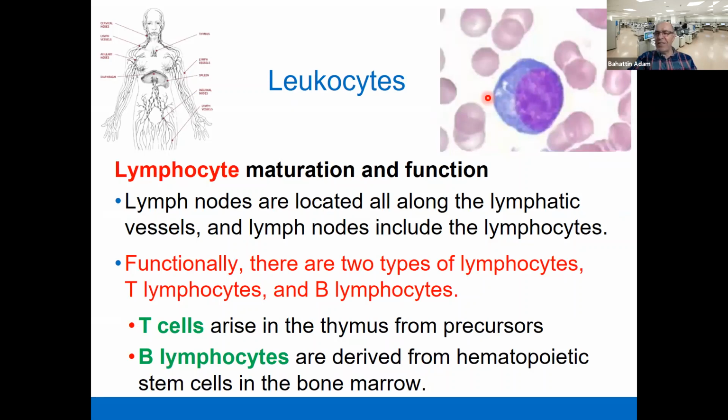Now, lymphocytes, a kind of white blood cell. We know that lymph nodes are located all along the lymphatic vessels in our entire body, and lymph nodes include the lymphocytes. As you see here, all these are lymph nodes, axillary lymph nodes.